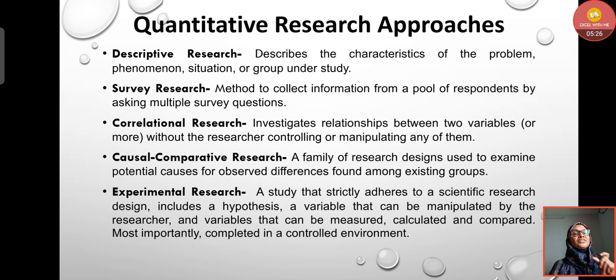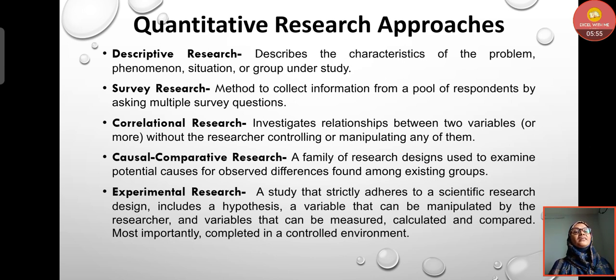Then correlational research investigates relationships between two or more variables without the researcher controlling or manipulating any of them. Then causal comparative research, a family of research designs used to examine potential causes for observed differences found among existing groups. What are the potential causes for observed differences? They will find out over here.